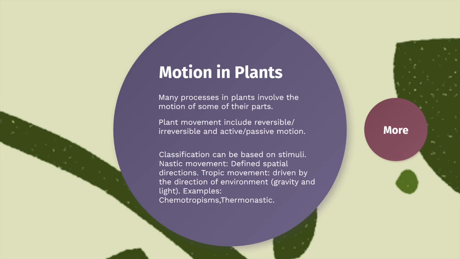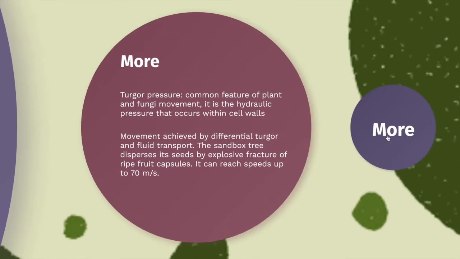Sometimes you see some plants or trees bend a little bit towards the sunlight, right? Those are examples proving that plants do move, but it's not as observable as in animals.